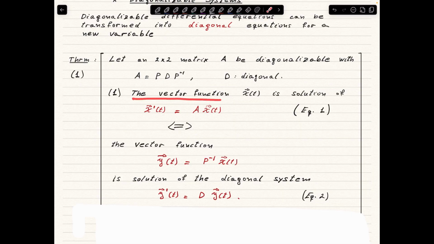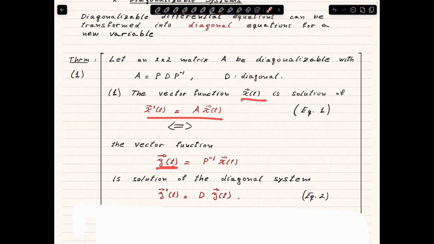The vector function x of t is a solution of this equation, a 2 by 2 system of linear differential equations that is homogeneous with constant coefficients, if and only if the vector function y of t, which is P inverse x, is a solution of this equation.